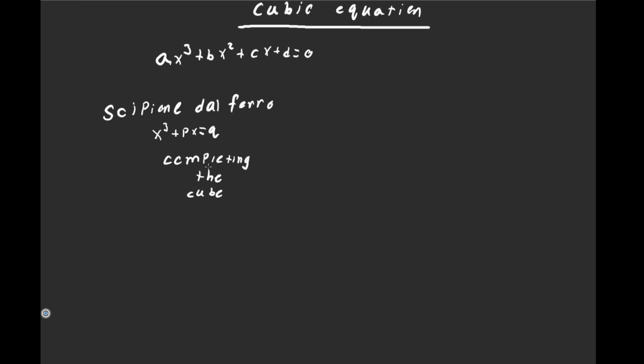And he showed it to his student, Antonio Fior, who then went on to challenge a much tougher mathematician by the name of Niccolo Fontana Tartaglia.